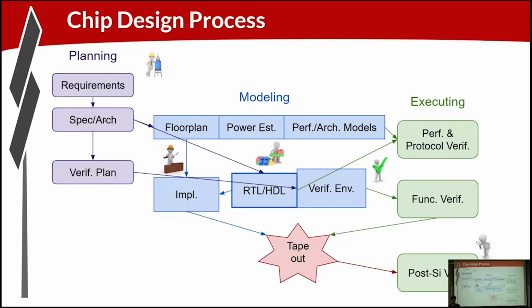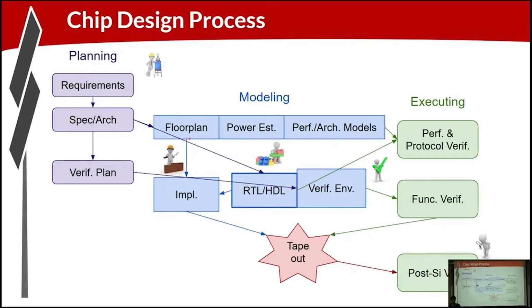And from the requirements, how are we achieving those objectives? So what's the specification of what we're implementing? What's the architecture that is going to enable us to implement silicon that will meet the requirements? From this specification of what it is we need to build, that feeds the verification plan, right? So how are we going to verify that this design is meeting all of these specifications?